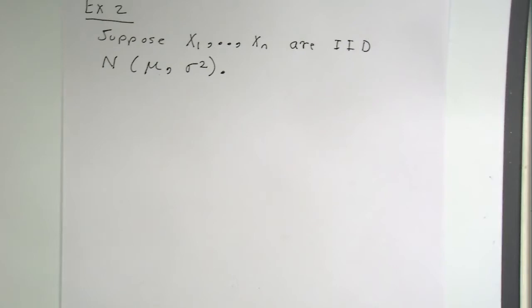Suppose x1 to xn are IID with normal distribution with mean mu and variance sigma squared.